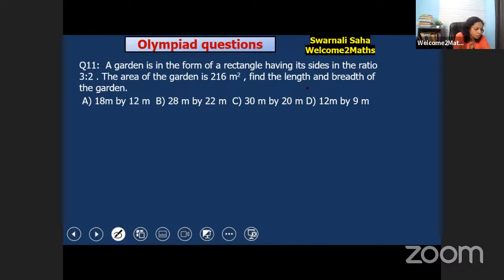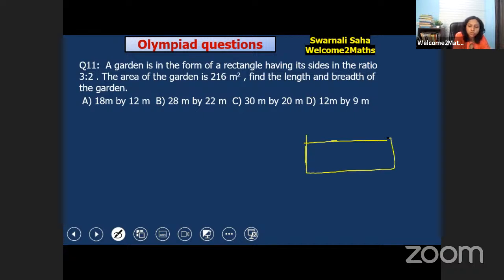Okay. A garden is in the form of a rectangle.